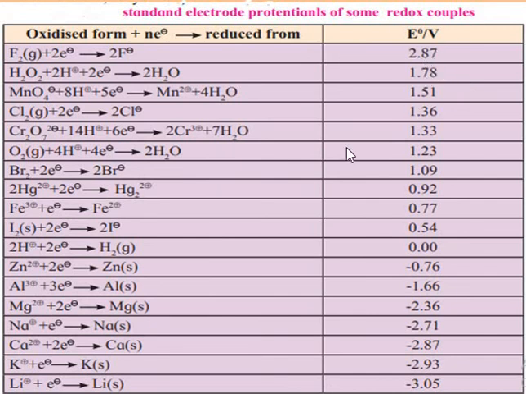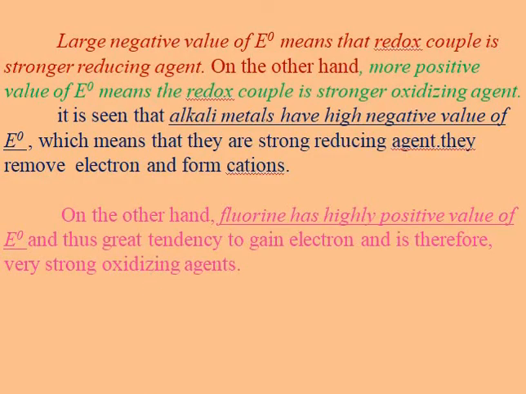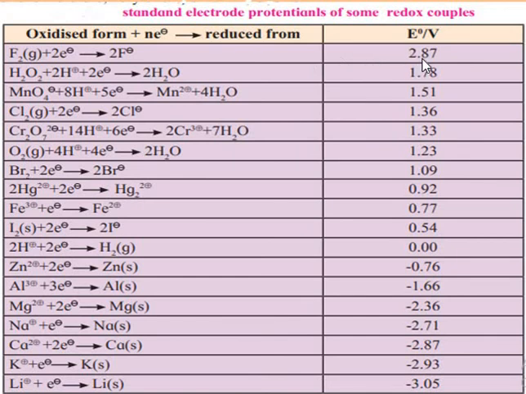This is a positive value, and from fluorine to the bottom, lithium, the metallic character goes on increasing. Therefore, in the case of lithium, −3.05, this large negative value indicates it is a reducing agent, and the positive value 2.87 in the case of fluorine indicates a stronger oxidizing agent.